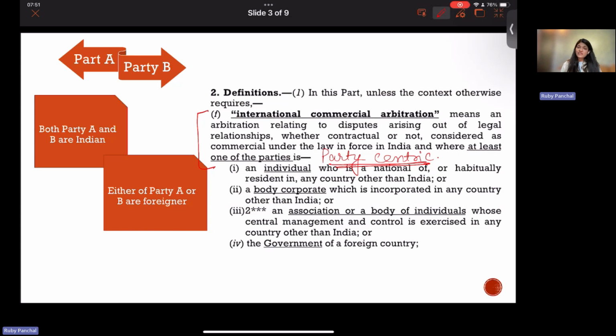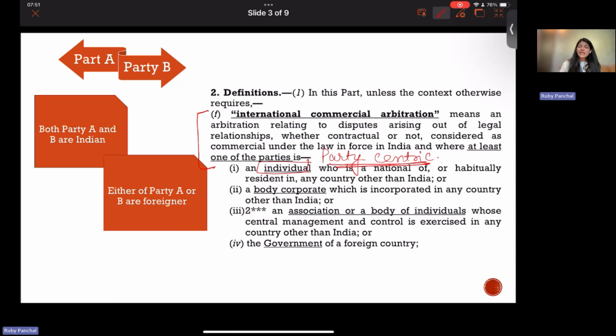And if there is, then it would be a case of international commercial arbitration. And that international element is judged separately.